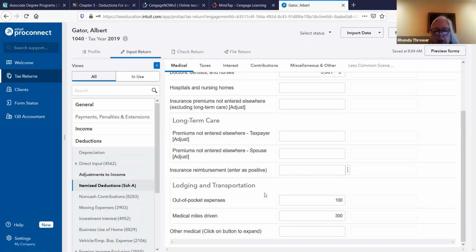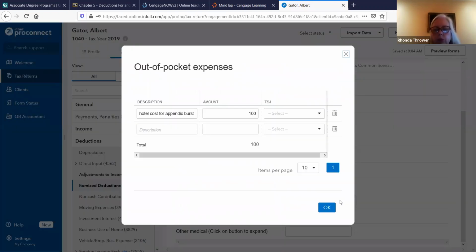So I'm going to go down here where it says lodging and transportation. And right here, I've got out-of-pocket expenses. And again, I'm going to expand on this box to make it larger. And I recorded the hotel cost for the appendix burst. Notice I recorded $100.